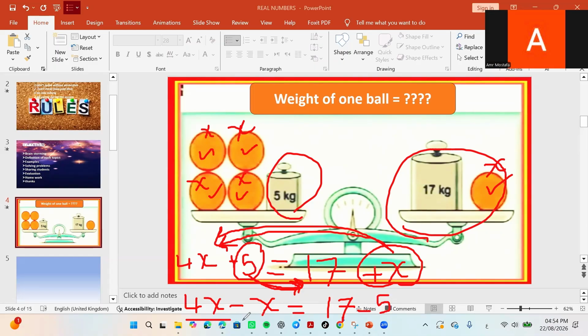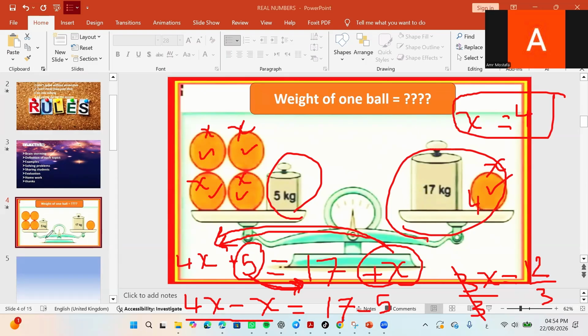So 4x minus x, 3x, will be equal 17 minus 5 equals 12. 3x equals 12. Divide by 3 here and divide by 3. 3 cancelled by 3. So x will be equal 12 over 3, or 12 divided by 3 equals 4. So x will be equal to 4. Okay?